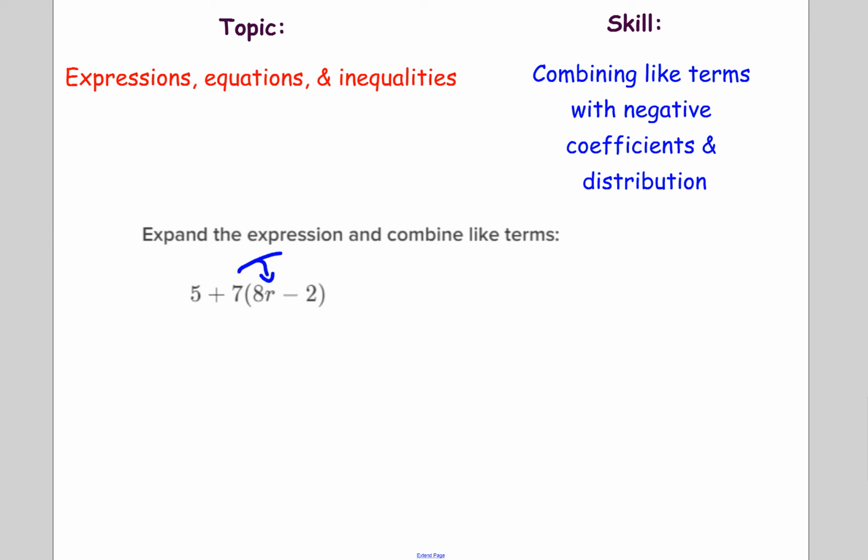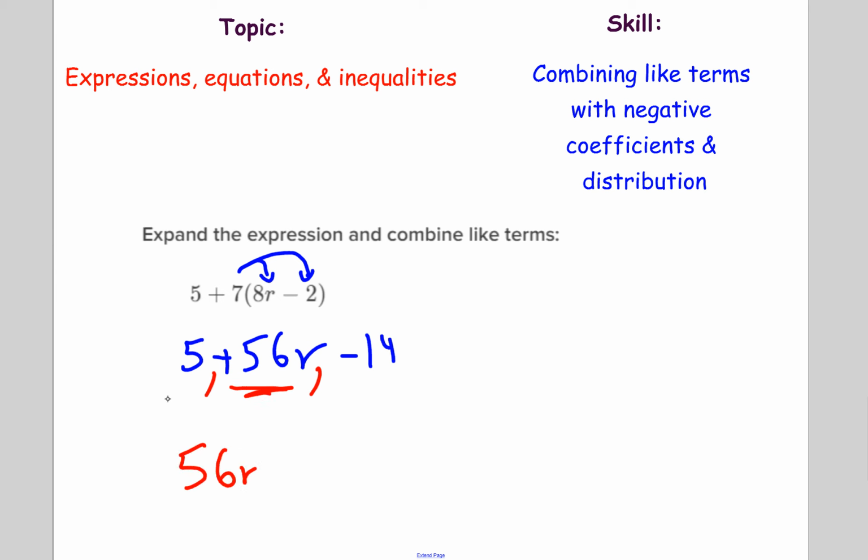So let's see what we have. 7 times 8r and 7 times negative 2. So I'm just going to bring the 5 down. 7 times 8r is positive 56r. And 7 times negative 2 is negative 14. So, commas. 56r would just come down. It's 56 times r.